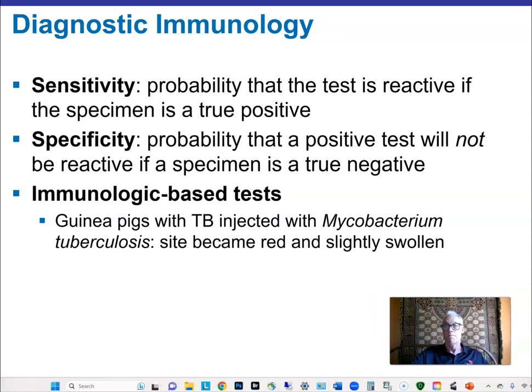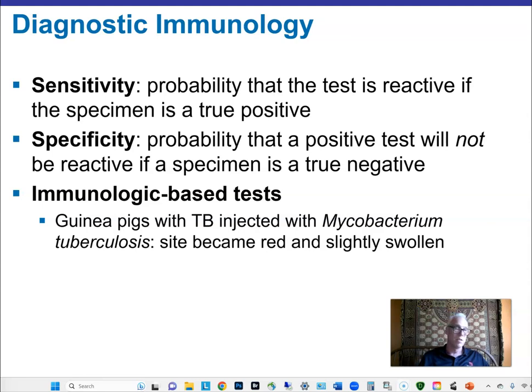So, tuberculosis tests. We do testing for tuberculosis in this country whenever someone goes to get a job. They get a TB test, and that's one of the things that was done to essentially almost eliminate tuberculosis from our population.